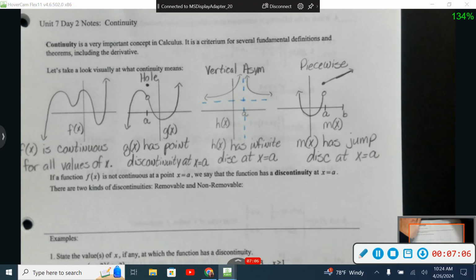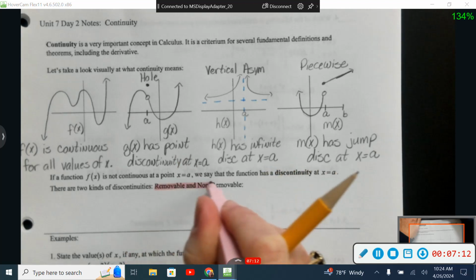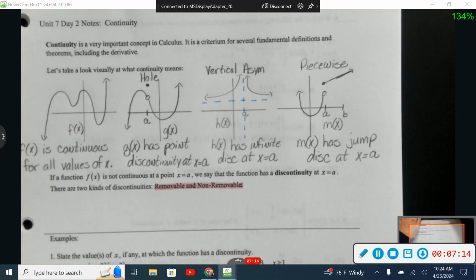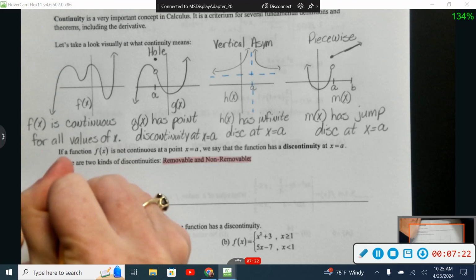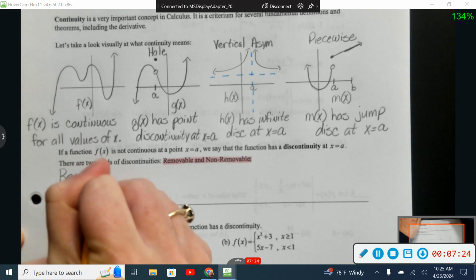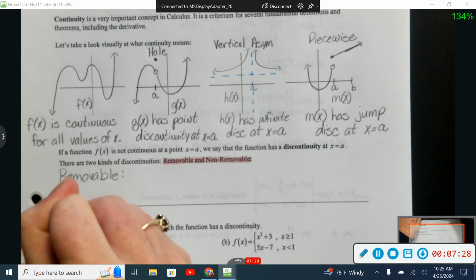Okay. All right, of our discontinuities, we have 2 different types. The first type is what we call removable, and the second type is what we call non-removable. All right, so let me write those down. We have removable, and we have non-removable.